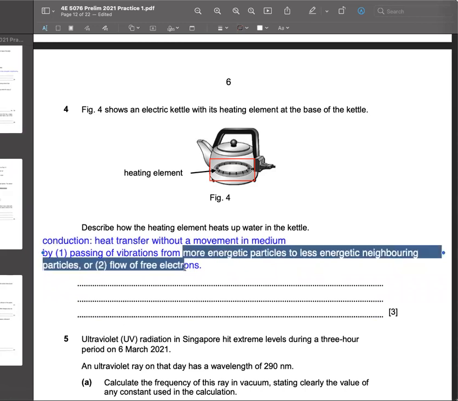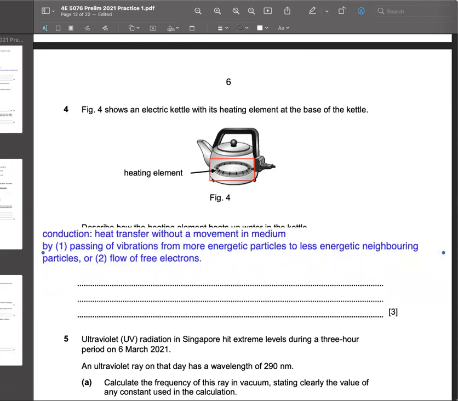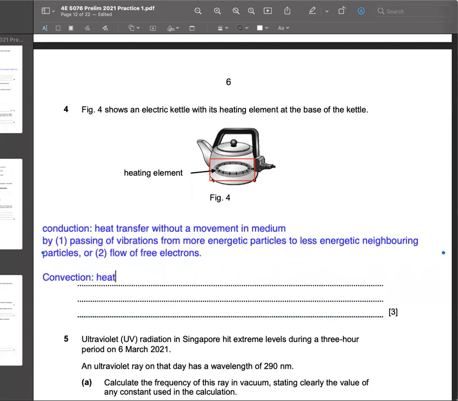All right. What is convection? Convection is heat transfer in a medium, by bulk movement in a medium due to differences in densities.